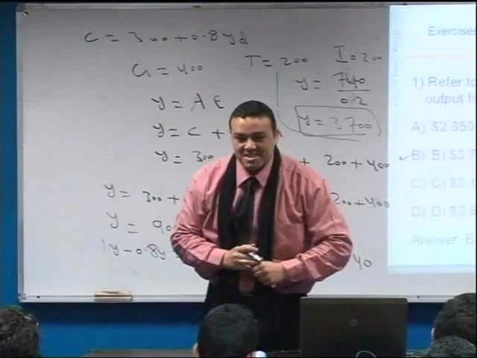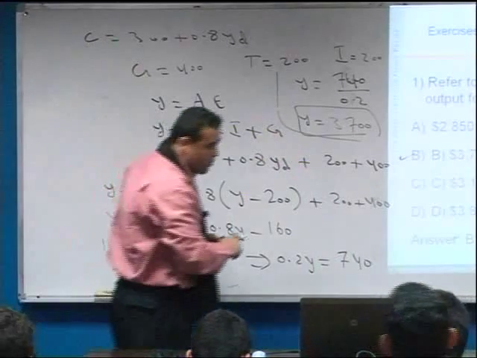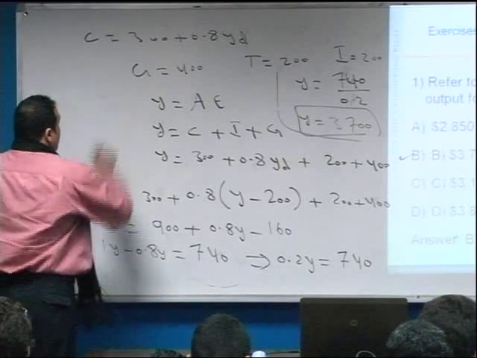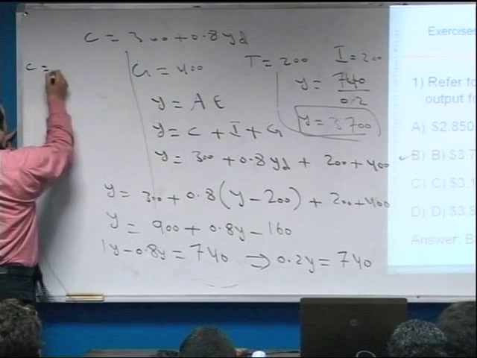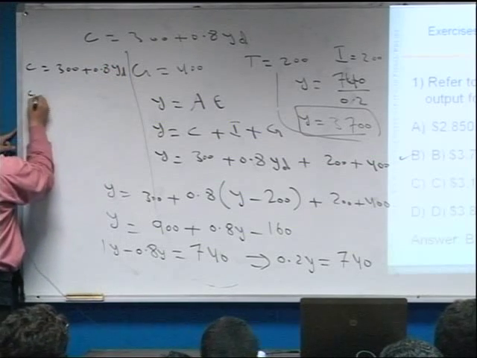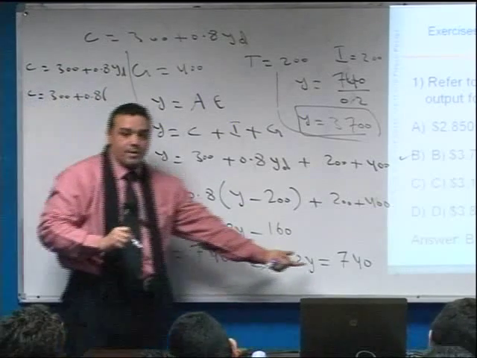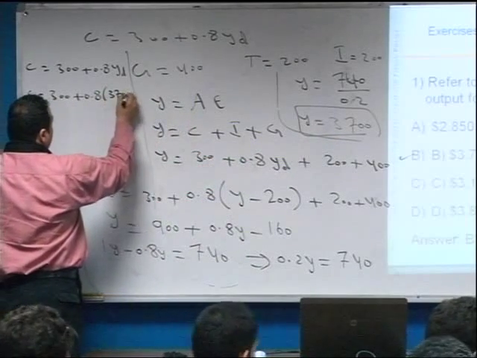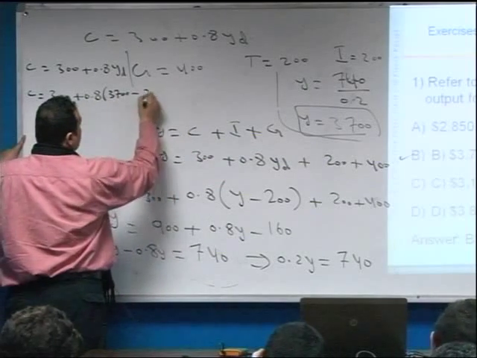How much is the consumption in this case? By direct substitution, calculate the aggregate consumption. C equals 300 plus 0.8 times YD. So C equals 300 plus 0.8 times Y at equilibrium, 3,700, minus T. T equals 200.